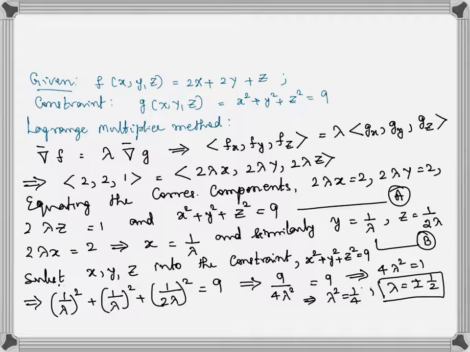Using this value of lambda, we can get x, y, z from step B. Substituting lambda equal to plus or minus 1/2 into B, we get two possible values for x, y, and z each. So x equal to plus or minus 2, y equal to plus or minus 2, and z equal to plus or minus 1.